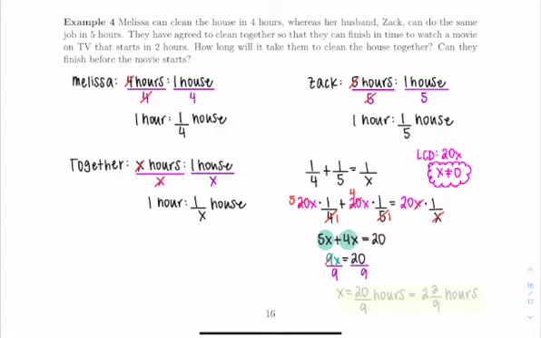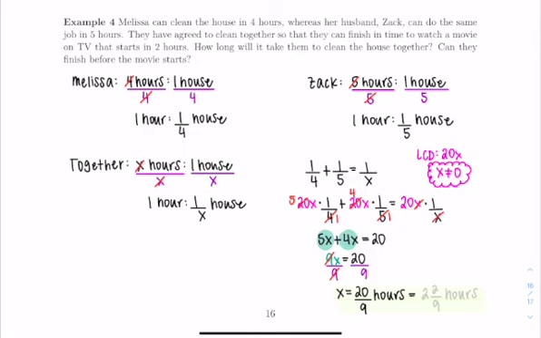And so it cancels on the left, and we get x equals 20/9. And this is hours. But that doesn't tell me how long 20/9 is. So let's go ahead and simplify that a little bit.